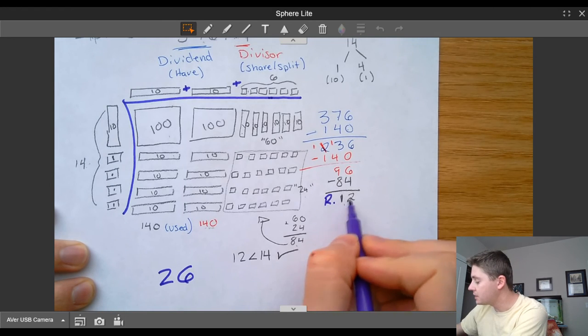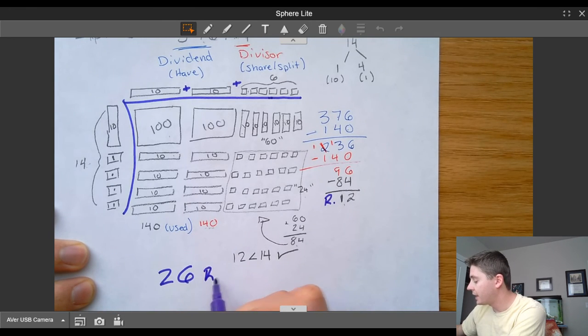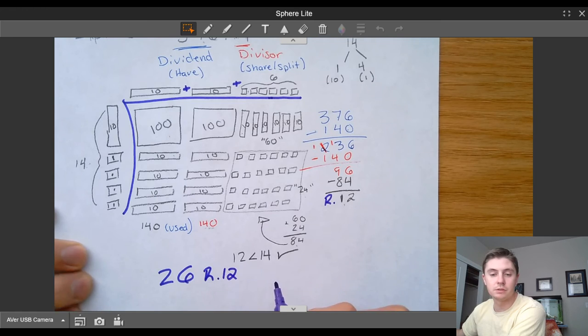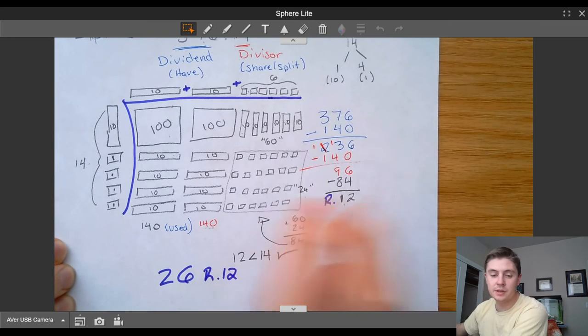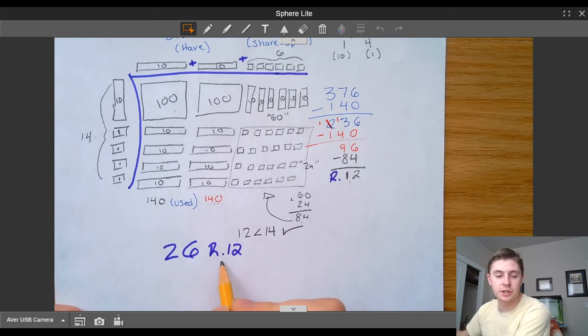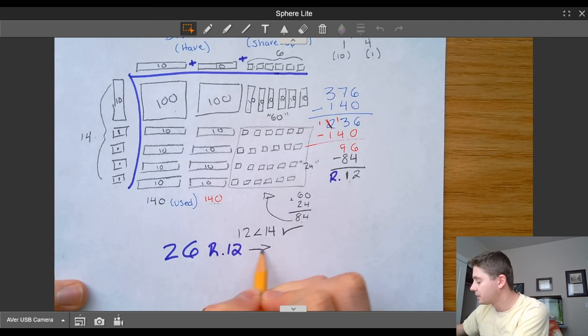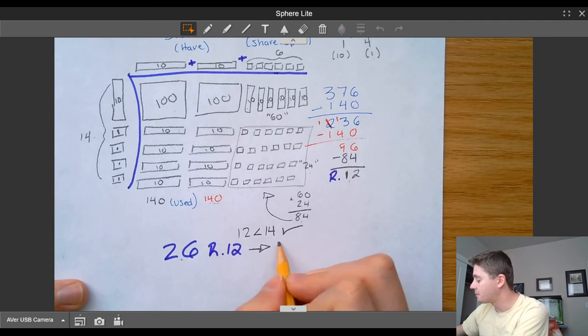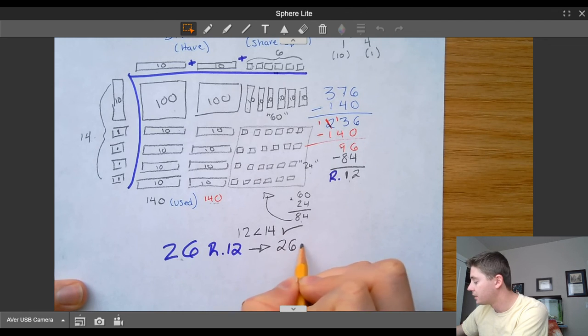I have a remainder of 12. We call those leftovers. I couldn't quite fit them in evenly, so I had to leave them on the outside. If you're someone that does not like the word remainder when I do division, I can actually write this as a fraction. So my whole number is going to stay the same. I still have 26 here.